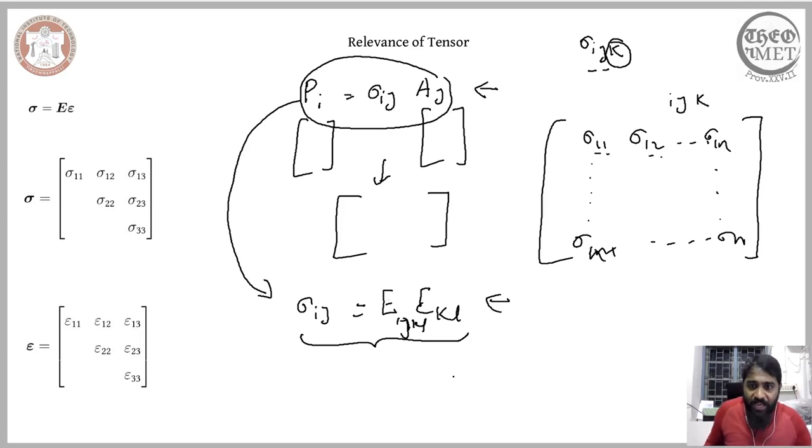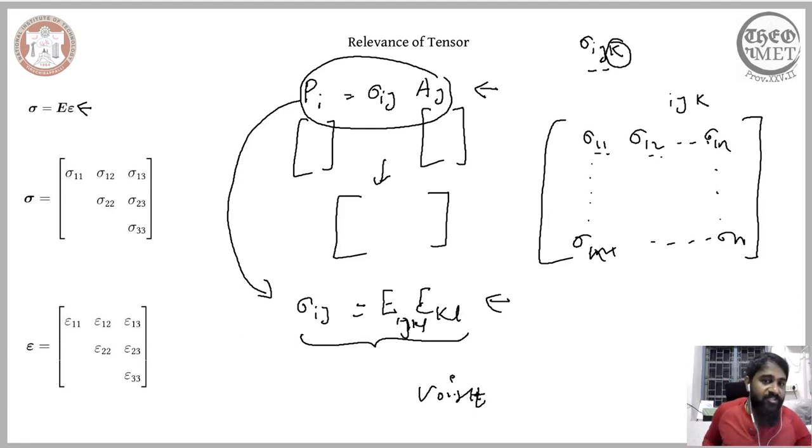The Voigt notation essentially allows us to describe this expression here using a vector notation, but still on a piece of paper. If I want to write this as it is, it becomes an impossible task for me. But if I use Voigt notation, it allows me to express this equation here on a piece of paper.